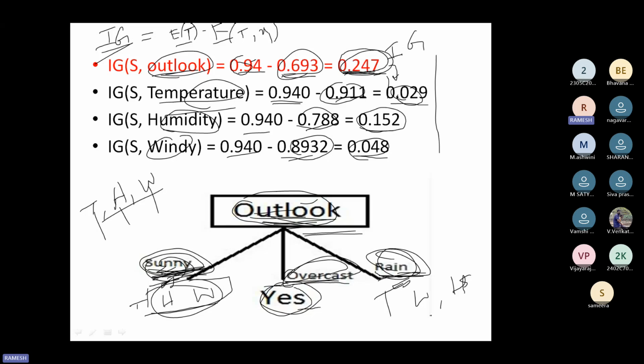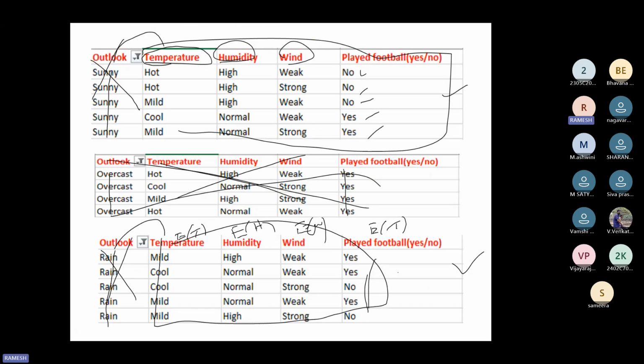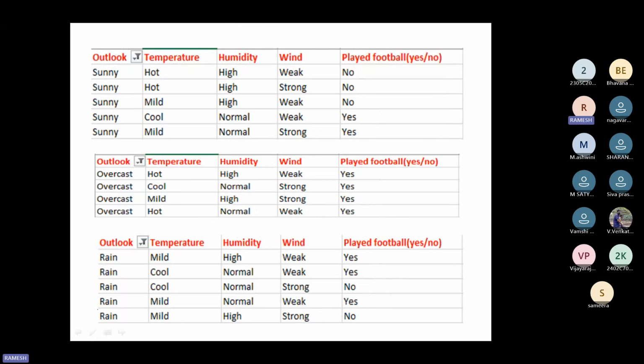With respect to rain also, the column with the highest information gain will be selected here. Next, for that, what should we do? Again, calculate the entropy, for example, of playing a game. Totally 5 rows are there, 3 no's, 2 yes.